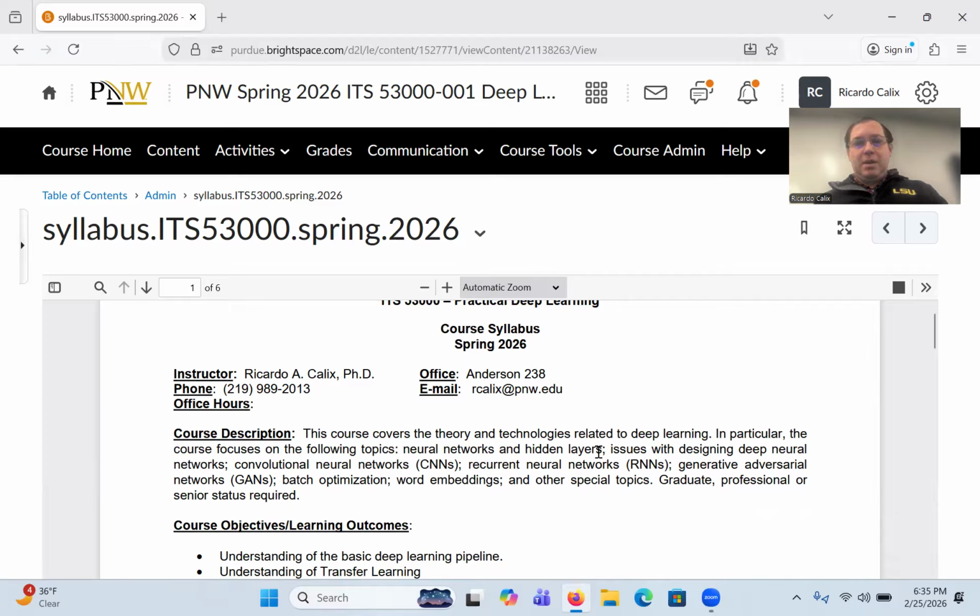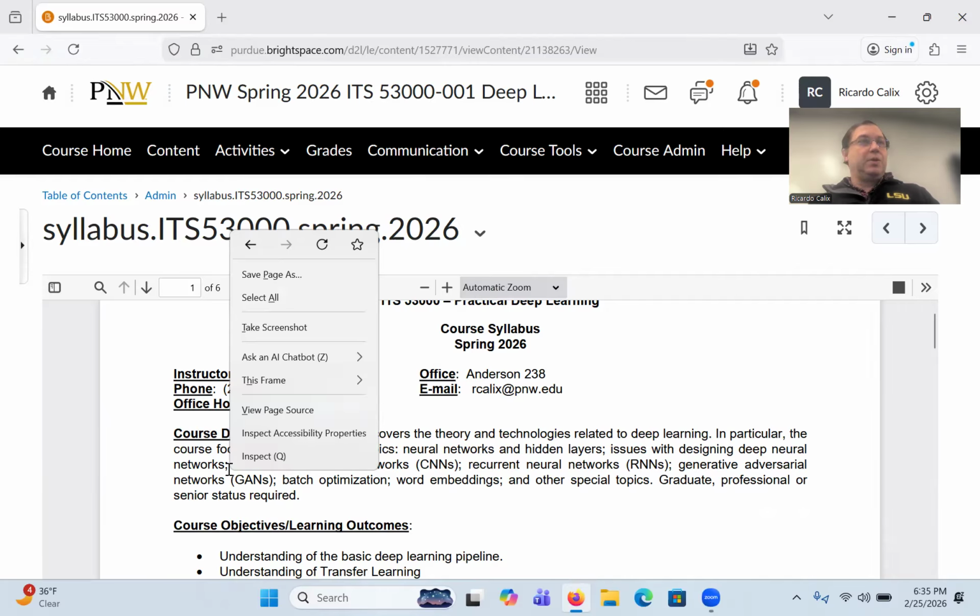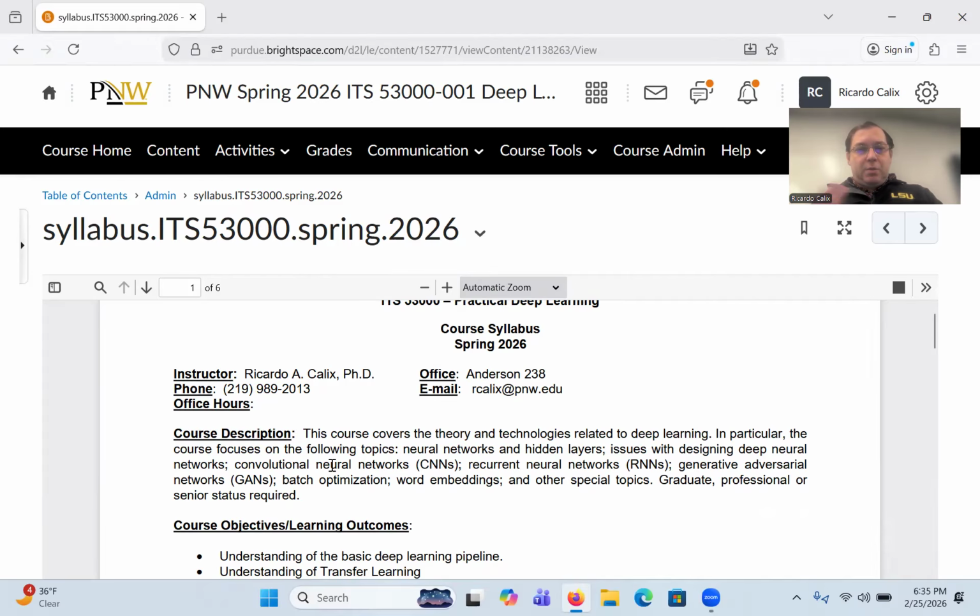So any neural network, deep neural network. Issues with designing deep neural networks. So that's what we're doing with pre-training, fine-tuning, RLHF. So all that we're covering as far as the methods, convolutional neural networks, and anything related to images, right? So I will, towards the end, hopefully, get to stable diffusion.